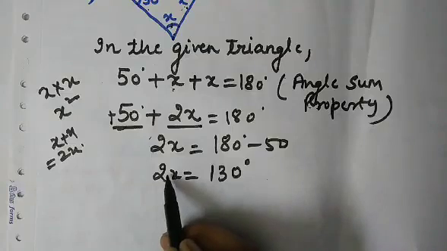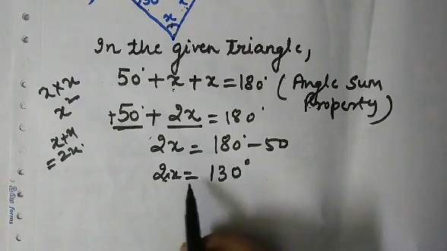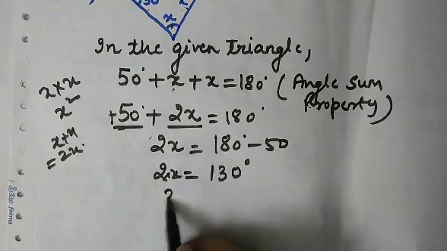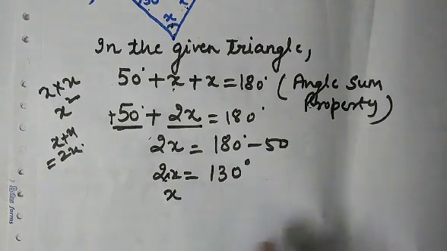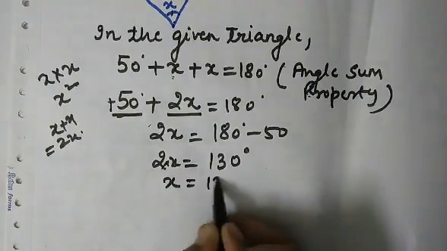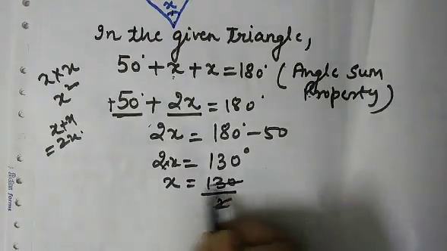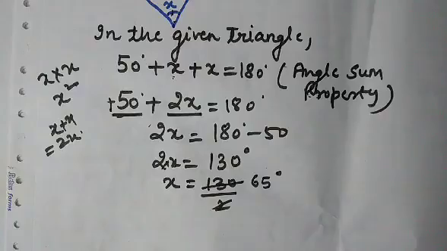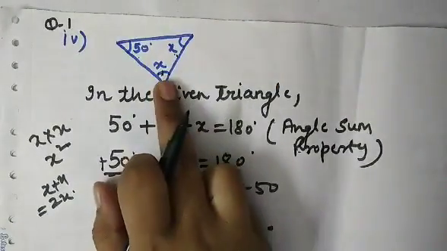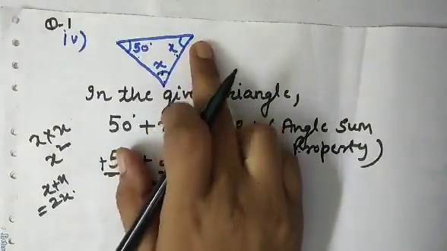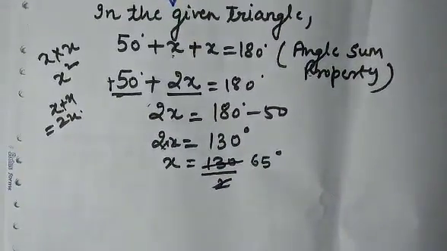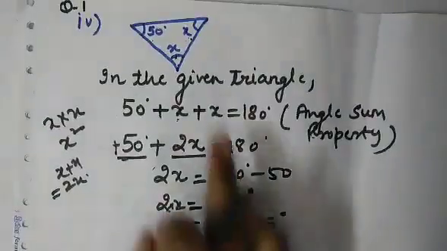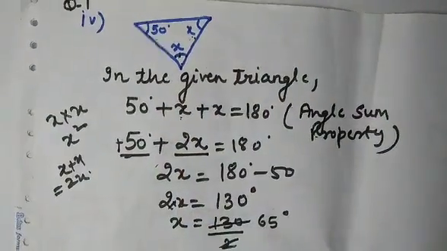Now x is in multiplication with 2 and I have to find x, so this 2 will shift and go in divide. So it will be 130 by 2 and that is 65 degree. So this x is also 65 and this is also 65, because they both are x and we have calculated x as 65 degree. Now come to the next part.